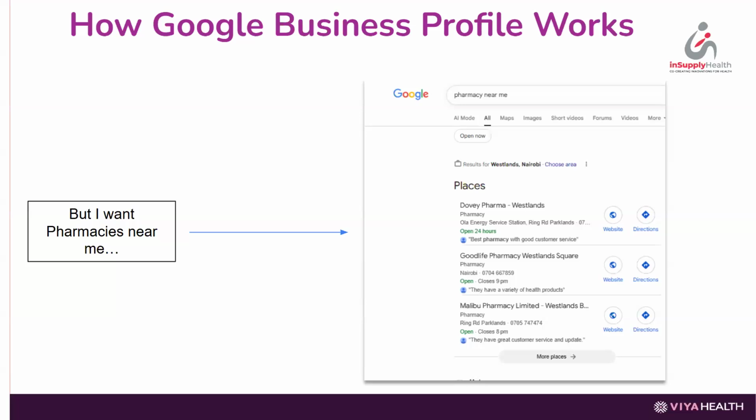And then it will also show your opening and closing hours, if it is open 24 hours, or maybe it closes at 5 p.m. or 6 p.m. or 10 p.m. If you have a website, again, it will show. And if I want to click on the direction, I'll be able to click on the button at the end for me also to walk in to your pharmacy. Next.